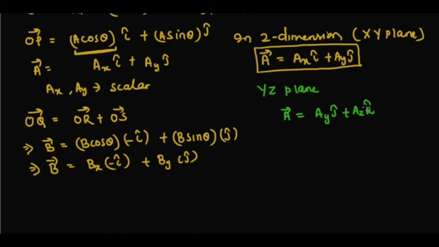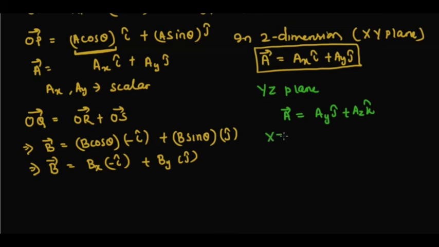In the yz plane there is no x-axis, so we have the y-axis and z-axis. So the direction along the y-axis is j cap and the direction along the z-axis is k cap. So I can write ay j cap and az k cap. So ay is the magnitude of the y component and az is the magnitude of the z component.